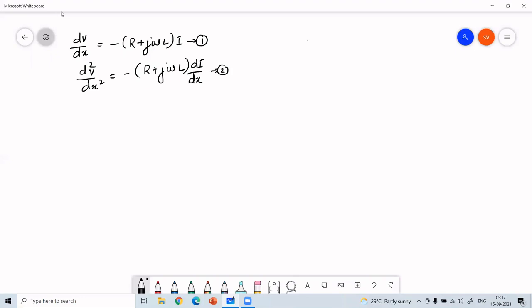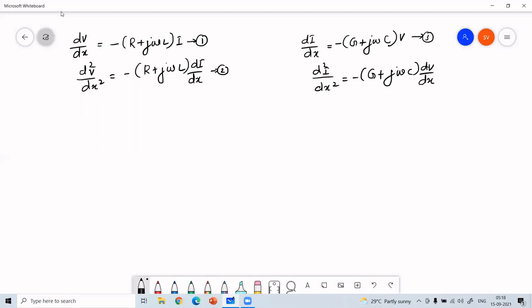And equation number 3 was dI by dx is equal to minus (G plus j omega C) into V. This is equation number 3. Now d squared I by dx squared is equal to minus (G plus j omega C) into dV by dx. This is equation number 4.